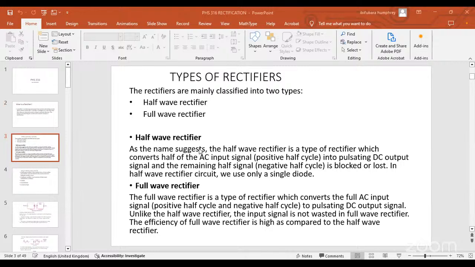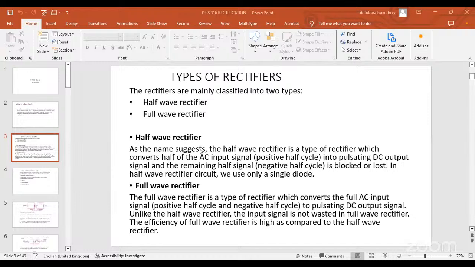While in the full-wave rectifier, it converts the full AC input signal, that is both positive and negative half cycle, into a pulsating DC output signal.